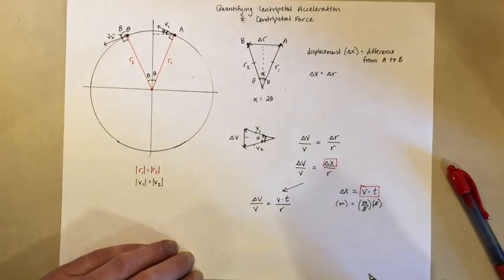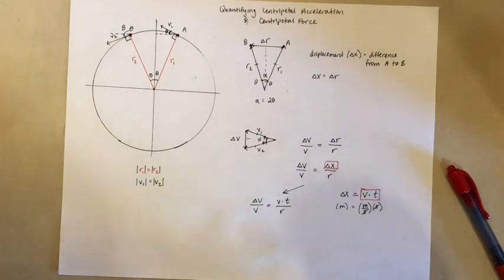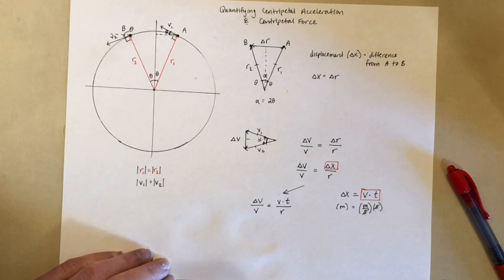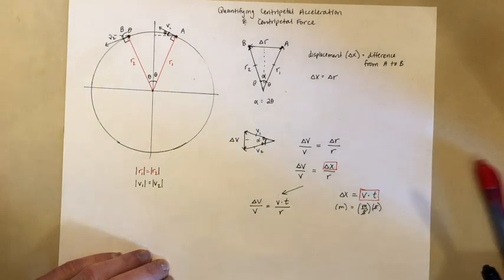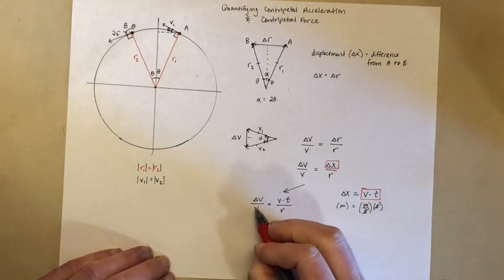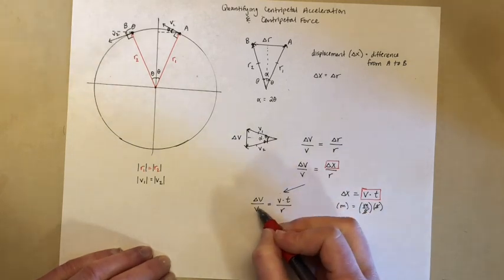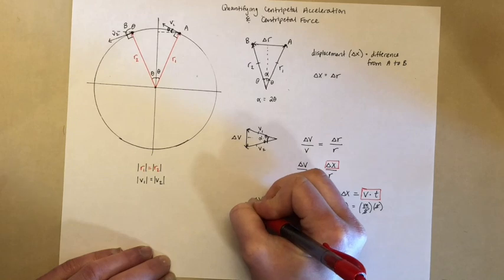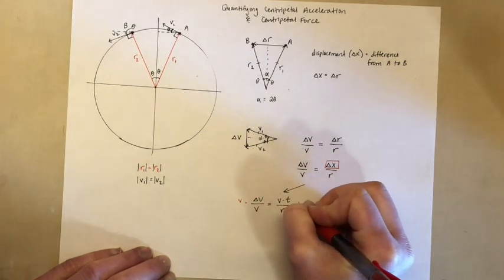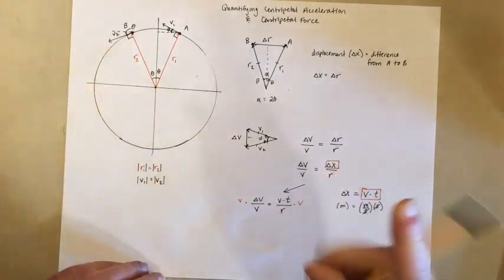All right, we're getting close to the end here. So all I'm going to do from this point is a little bit of algebraic rearrangement. And you'll see why in a moment here. So the first step is that I'm going to move this velocity that's in the denominator over to the other side. So since this velocity is dividing delta V, I'm going to multiply both sides by V. That means that here it will cancel out, make 1.